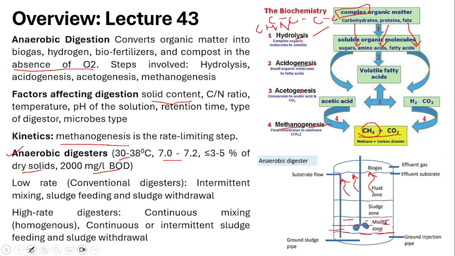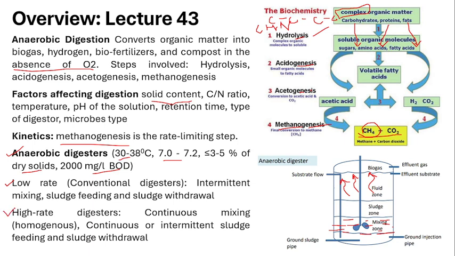Okay. This anaerobic digester is further classified into low rate digester and high rate digester. In the low rate digester, the condition is intermittent mixing. So mixing happens intermittently, not continuously, with intermittent sludge feeding and sludge withdrawal. We can feed the sludge and take out the sludge intermittently. This is the conventional type of digester.